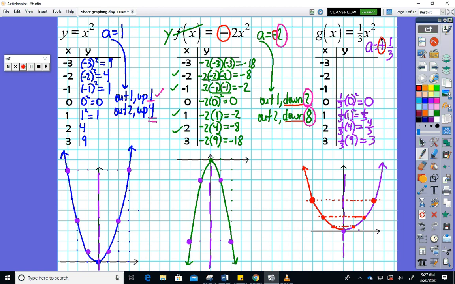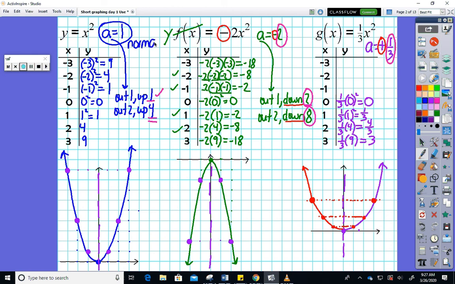The 1/3 is what caused my parabola to be short and fat, not as tall and skinny as my other ones. So blue, when A is 1, the parabola is normal.